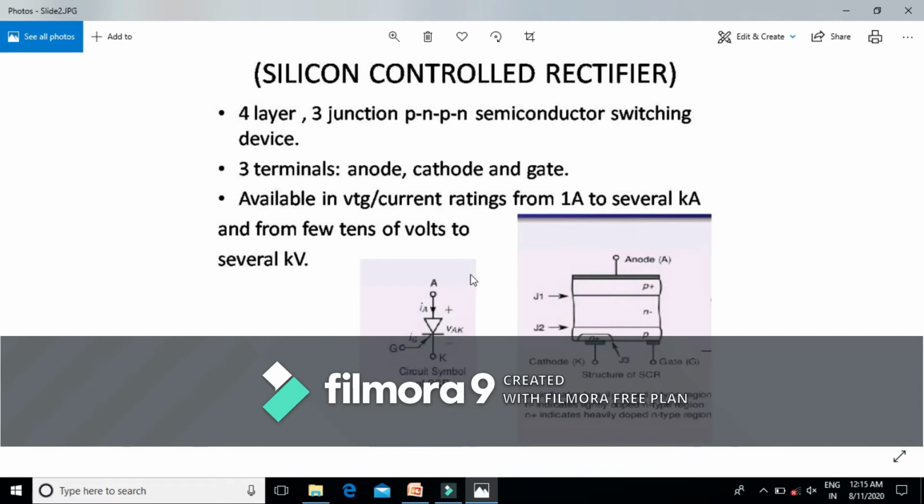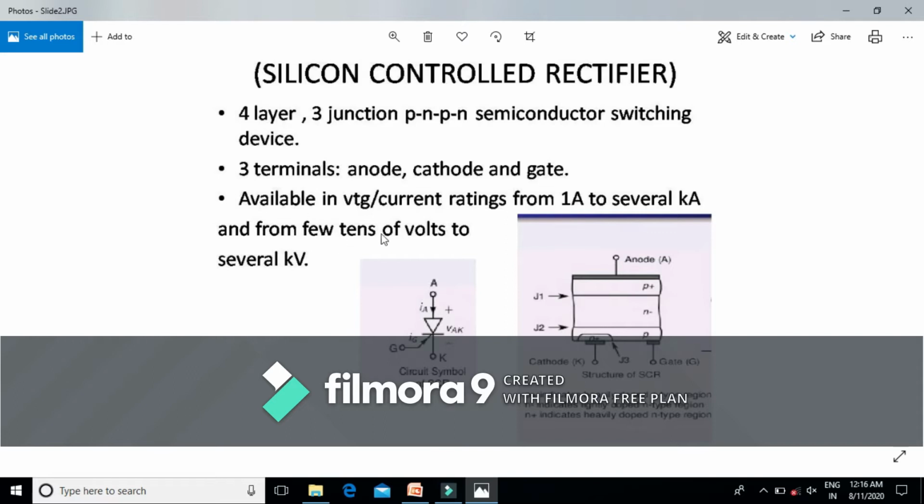SCR is a unidirectional device. That means it allows the flow of current in only one direction, that is from anode to cathode. Moreover, this is also a bipolar device. That means it blocks both positive, that is forward voltage, and negative, that is reverse voltage, and allows only unidirectional current to flow through it.